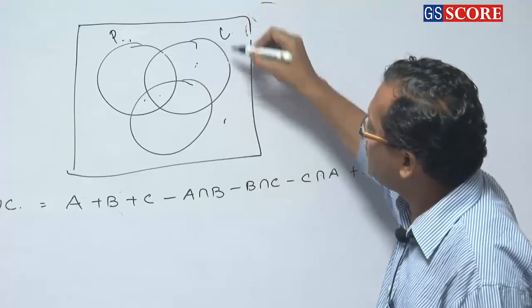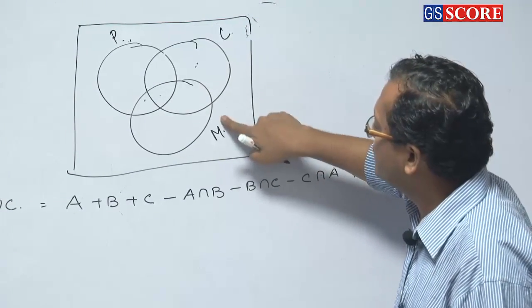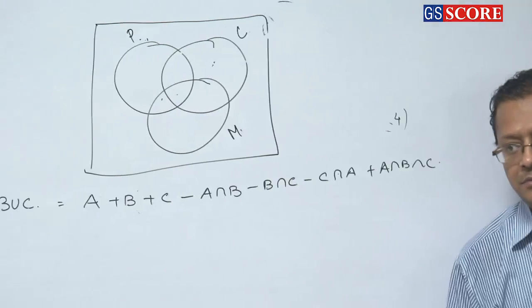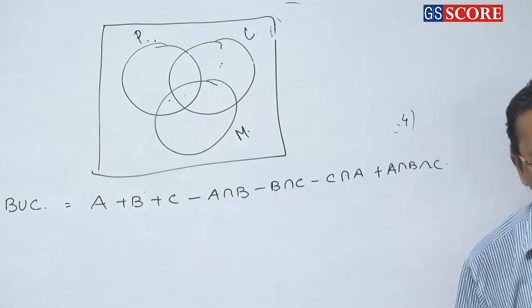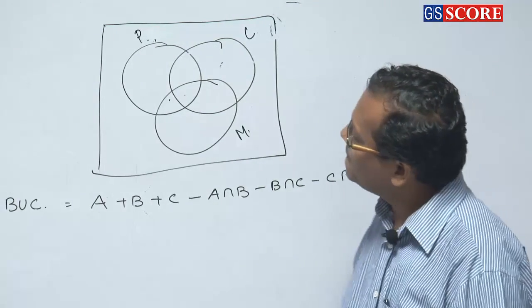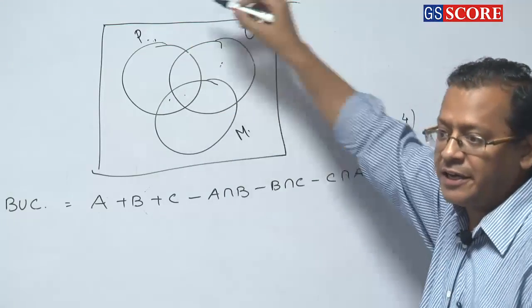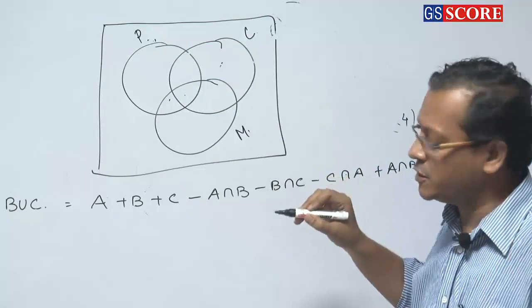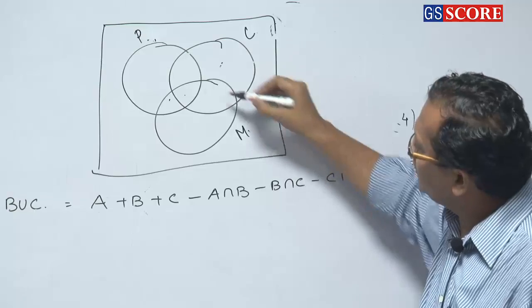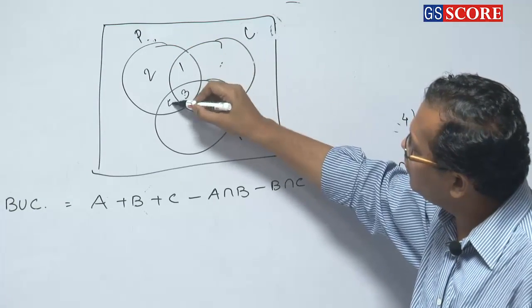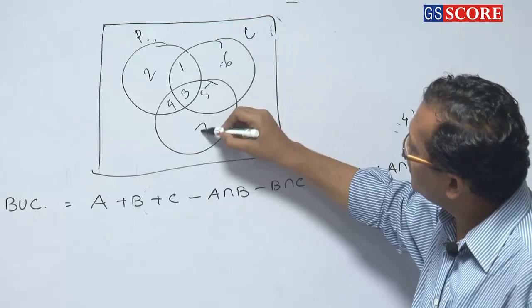Physics, chemistry, maths. Clear or not? So physics, chemistry, maths, I write the passing data. This data is for the passing of the number of students. Okay, so I write say 3, 2, 1, 4, 5, 6, 7, 8.